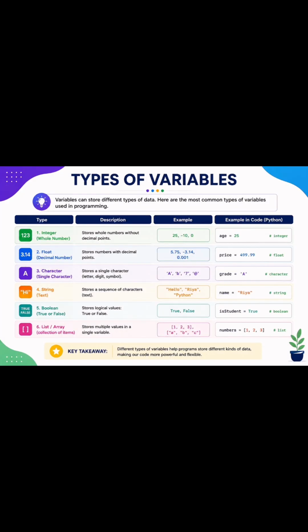Now, types of variables. As I told you, a variable is a named memory location which is used to store data. Variables can be classified based on where they are declared and how long they exist.